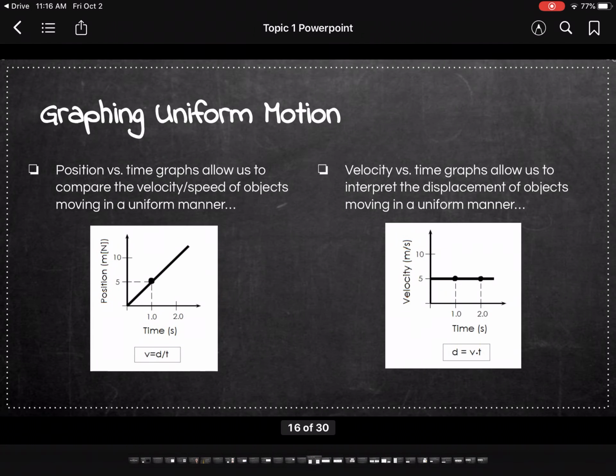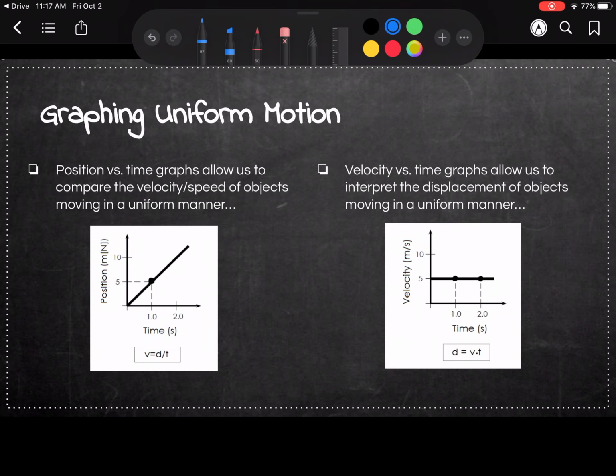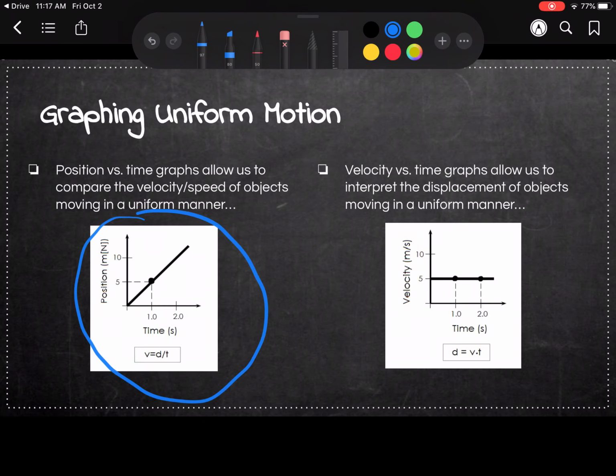So graphing uniform motion. It says position versus time graphs allow us to compare the velocity, speed of objects moving in a uniform manner. If we look at a graph of distance over time or position over time, which is the one you see on the left-hand side here, this is a position time graph, and it can show uniform motion. So if it's in a straight line, we know it's uniform.